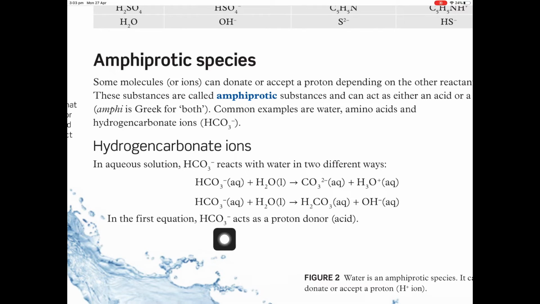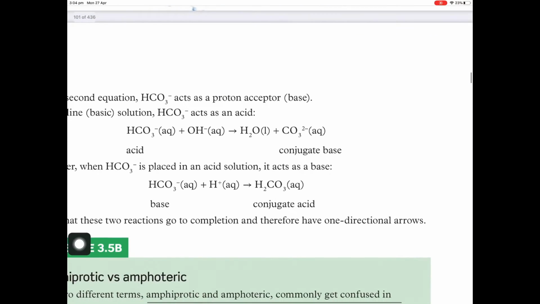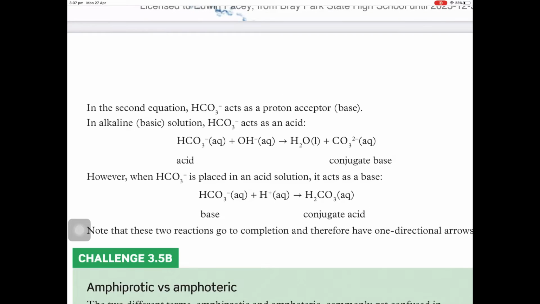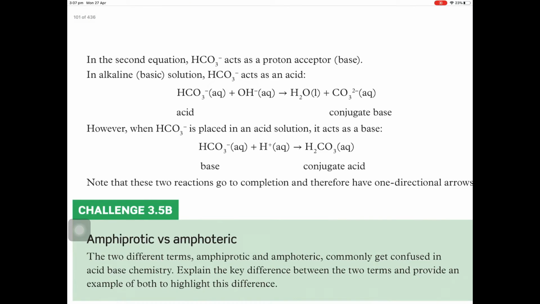In the first reaction, it acts as a proton donor, but in the second reaction, it accepts a proton, so it becomes a proton acceptor as we go to the next page. So when does the bicarbonate ion act as a proton acceptor, that is a base, and when does it act as an acid, as a proton donor?